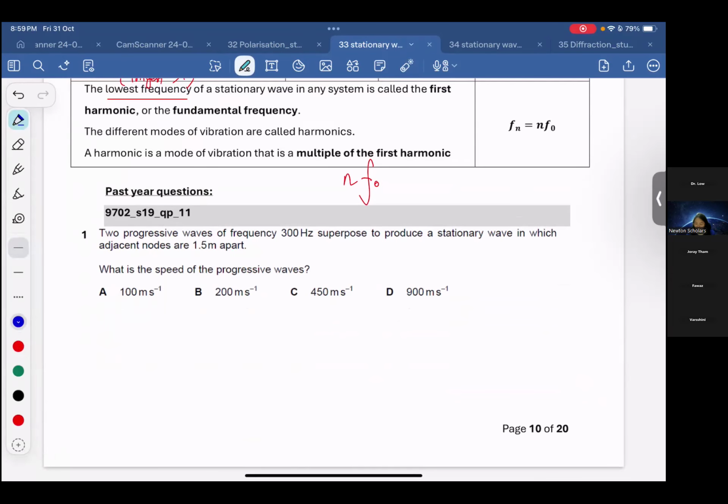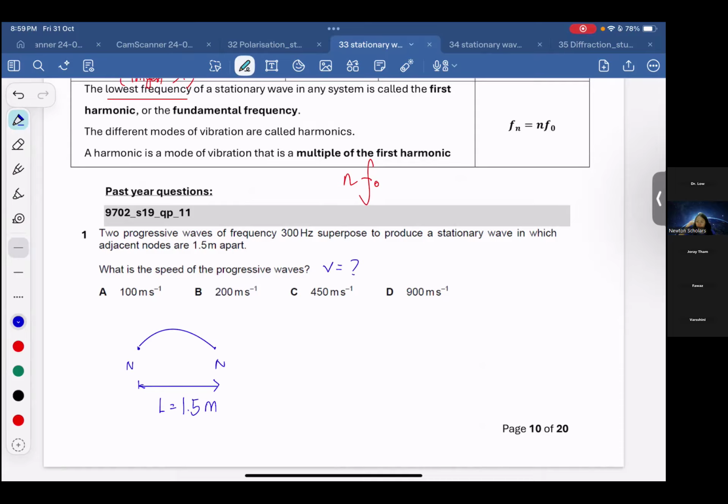Two progressive waves of frequency 300 Hz superpose and produce a stationary wave in which the adjacent nodes are 1.5 meters apart. So this one is node to node.